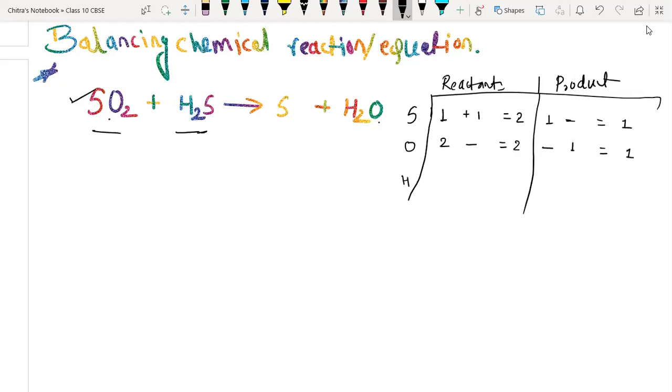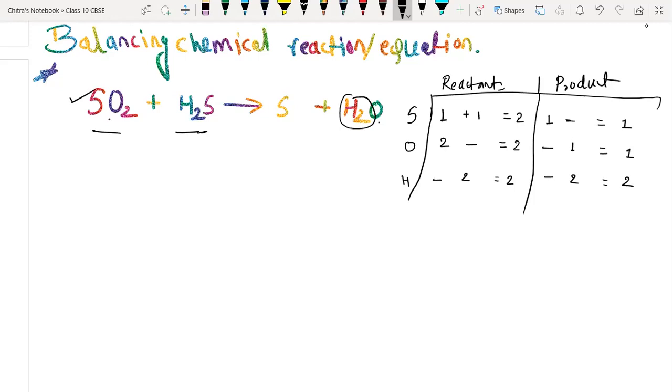In the first reactant we do not have any hydrogen, so we leave it. But in the second we have 2 hydrogen atoms, so the total number of hydrogen on the reactant side will be 2. The first product does not have any, so we write a dash. But in the second product we have 2 hydrogen atoms, so we write 2 over here. So the total number of hydrogen is 2.